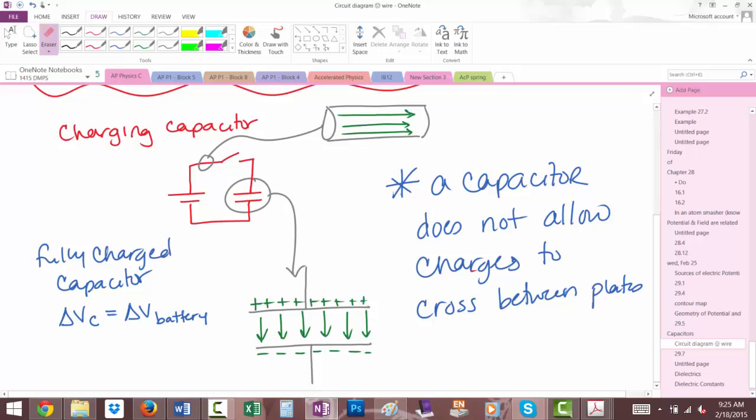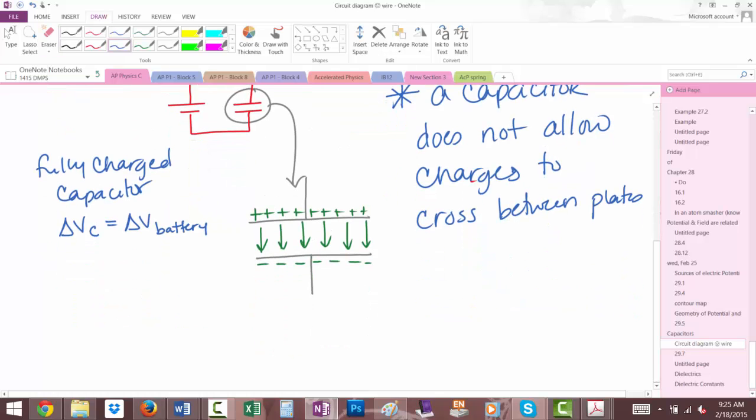So for right now, we're just going to hold on to that idea and write down a couple more things. We know, because we've talked about this before, that delta V sub C is equal to the strength of the electric field times the distance between the plates, right? We said that a long time ago.